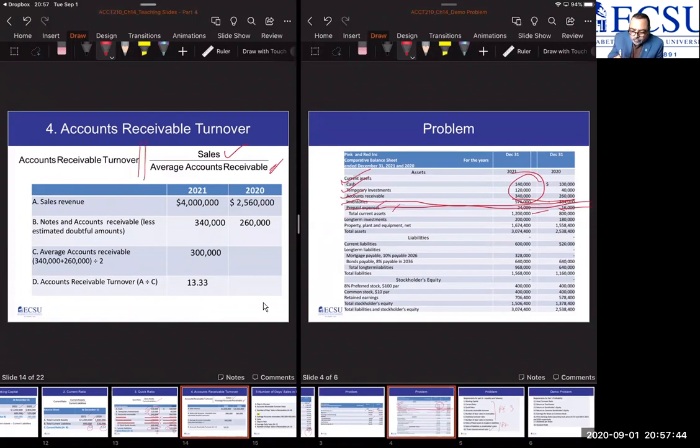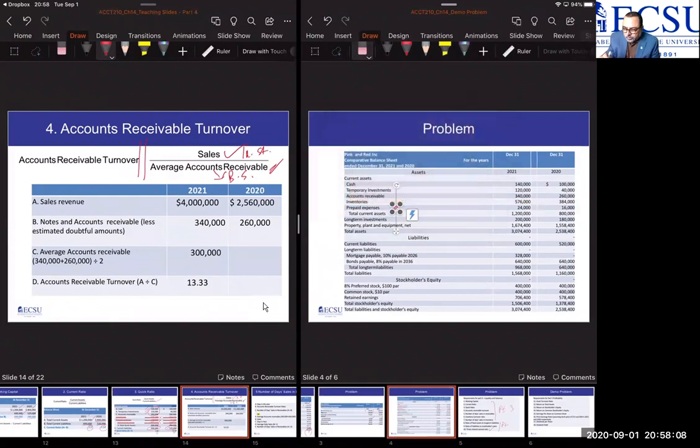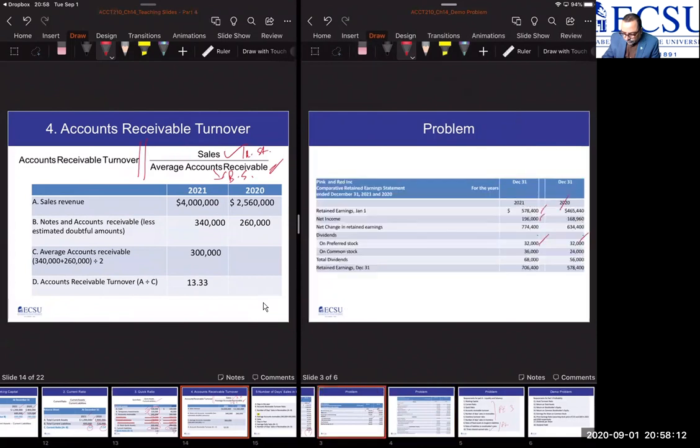Why we call it a composite is because your sales figure comes from the income statement and accounts receivable comes from the balance sheet. So I have to look at the two different financial statements in order to calculate that ratio.